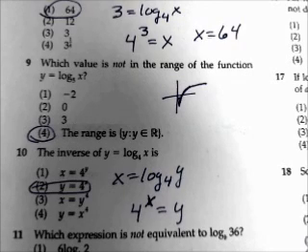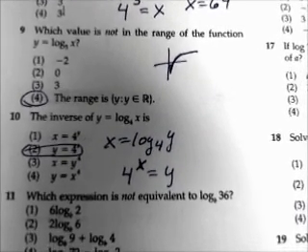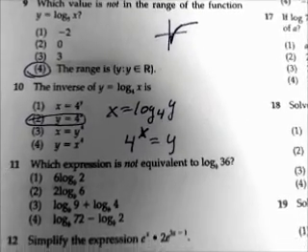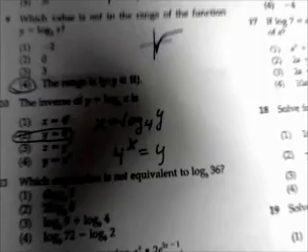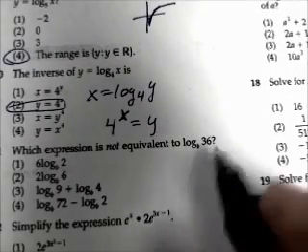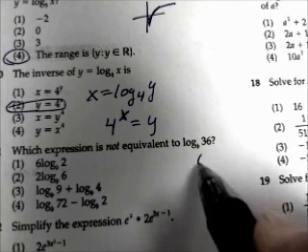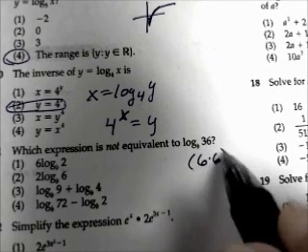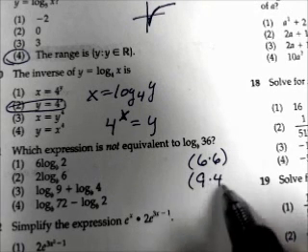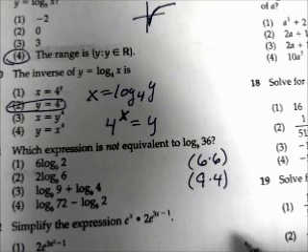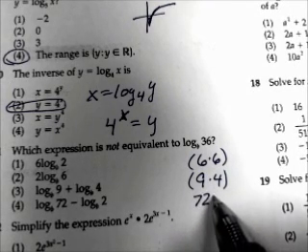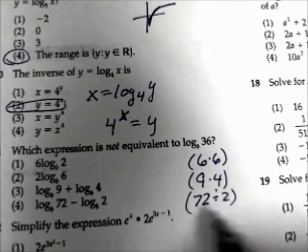Number 11, which expression is not equivalent to log base b of 36? All right, so in other words, we have to represent 36 as, let's see, it can be represented as 6 times 6, or 9 times 4, or how about a division? 72 divided by 2.